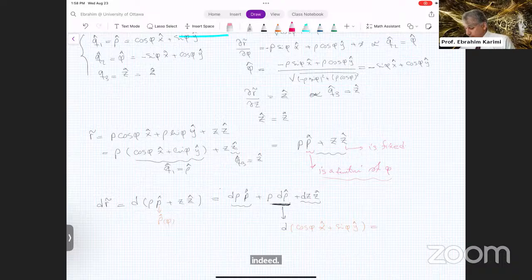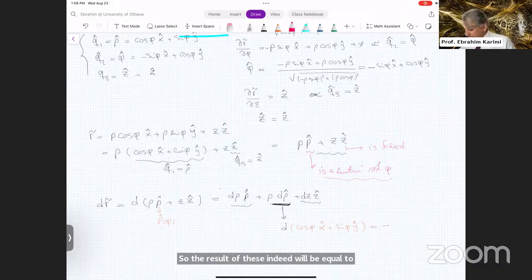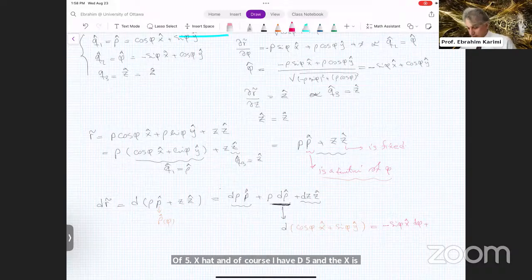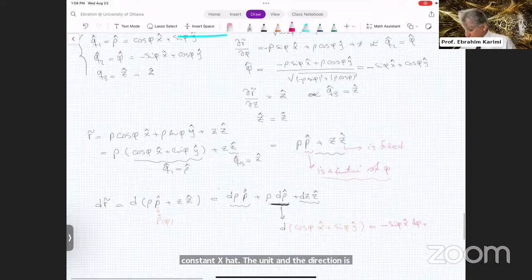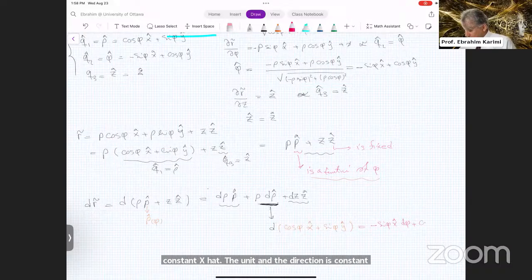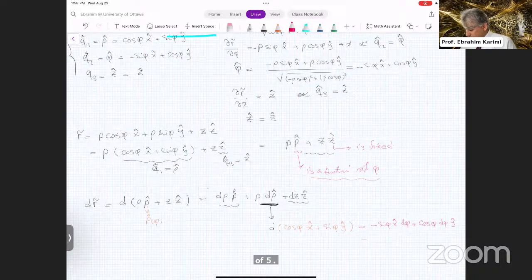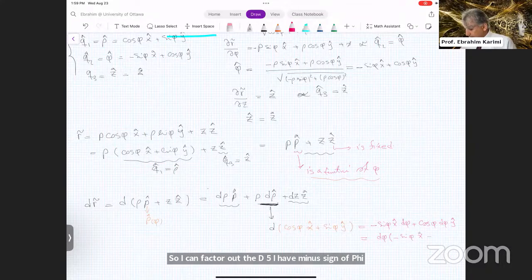The derivative of cosine is minus sine of phi x hat, times d phi. The x hat direction is constant, so nothing changes. The last term is cosine of phi d phi y hat. So I can factor out d phi: minus sine of phi x hat plus cosine of phi y hat.